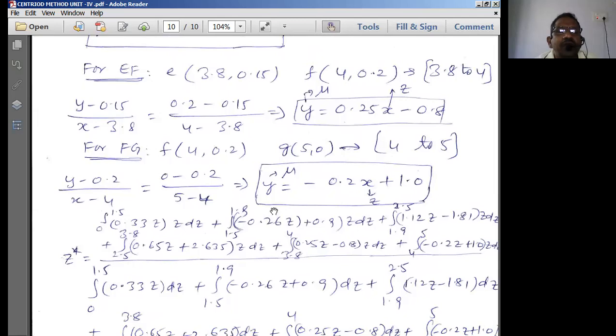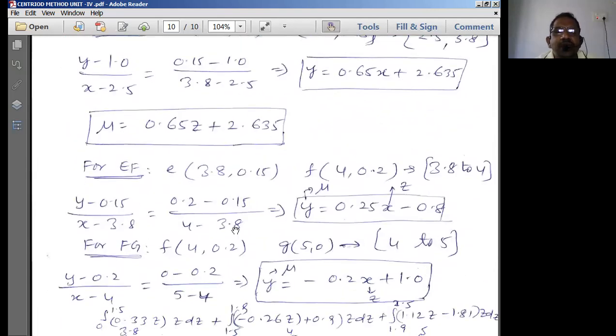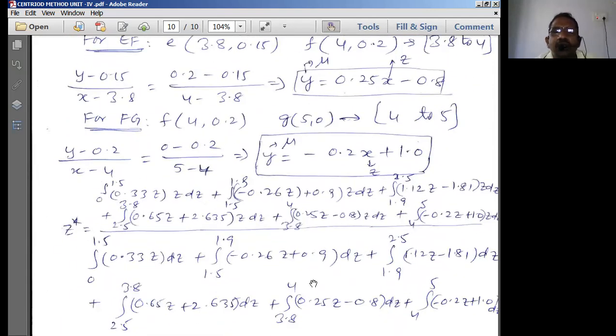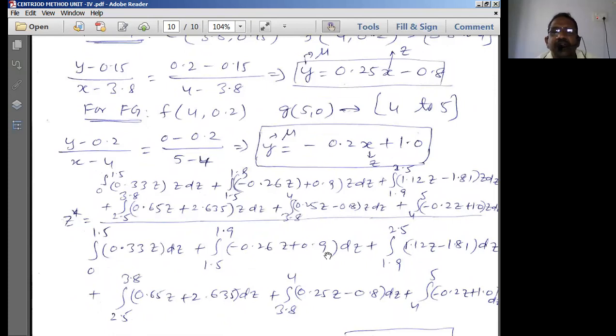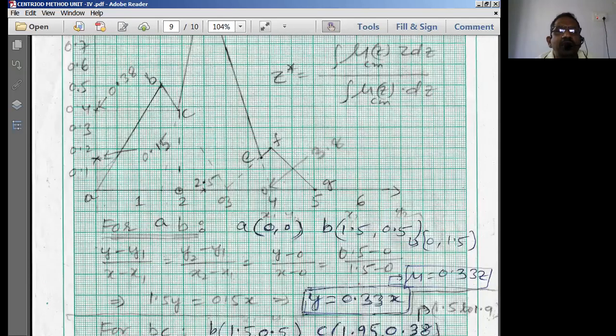Once we get the straight line equations along with the limits for all the lines, we simply use all these in the formula given to us for the numerator as well as the denominator. Integral of the first one extends between limits 0 to 1.5; integrate this equation over the limit 0 to 1.5.